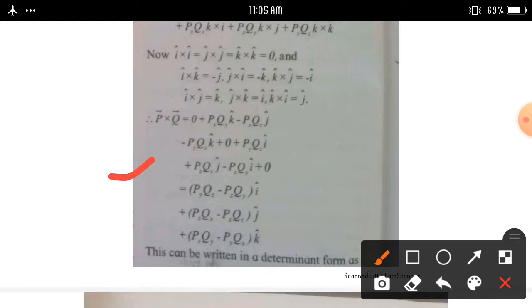According to this, we can write py qz minus pz qy i cap plus pz qx minus px qz j cap plus px qy minus py qx into k cap.